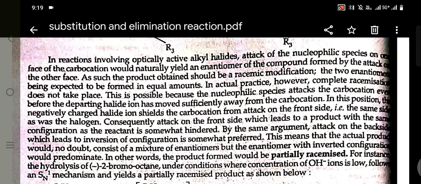By the same argument, attack on the back side, which leads to inversion of configuration, is somewhat favoured. This means that the actual product would no doubt consist of a mixture of enantiomers, but the enantiomer with the inverted configuration would predominate. In other words, the product would be only partially racemized. For instance, the hydrolysis of 2-bromooctane under conditions where the concentration of OH negative ions is low follows SN1 mechanism and yields a partially racemized product.